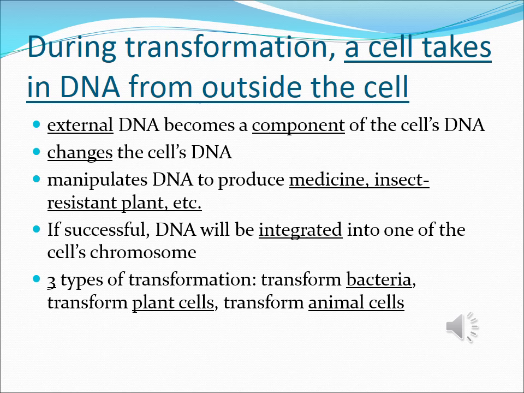So when we see this happening, we know that it's happened. That's how we know it's successful. And there are three types of transformation. We transform bacteria, we transform plant cells, and we transform animal cells. So we have successfully been able to transform three different types of organisms using this method.